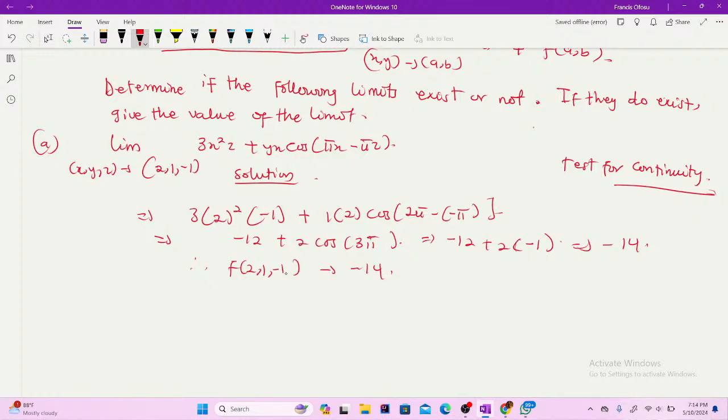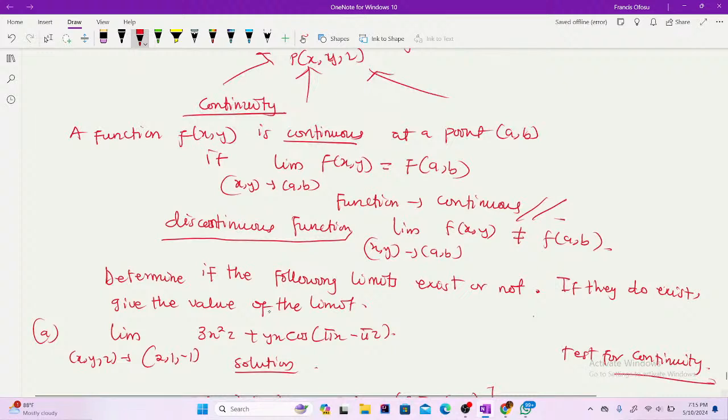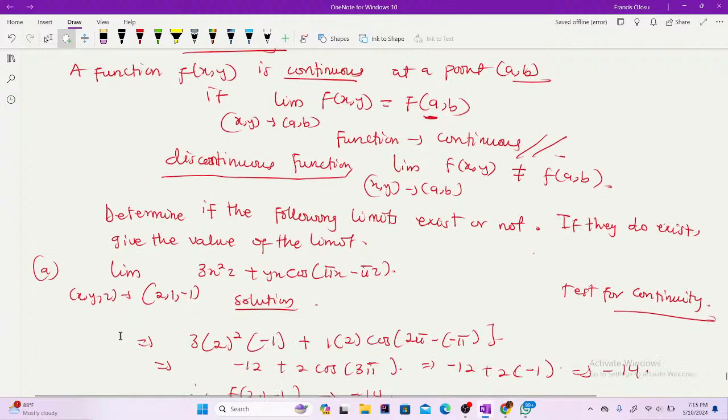From the condition of continuity, we said that a function is continuous at this point if the limit value is equal to the functional value, meaning the functional value should be defined. Once the functional value is defined, it automatically equals our limit. So there's no stress for you to find your limit again.